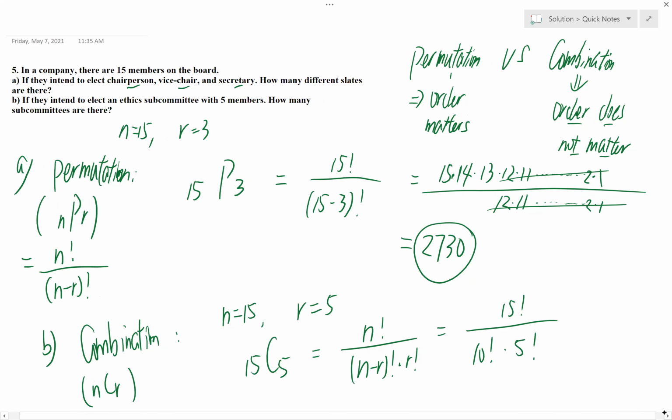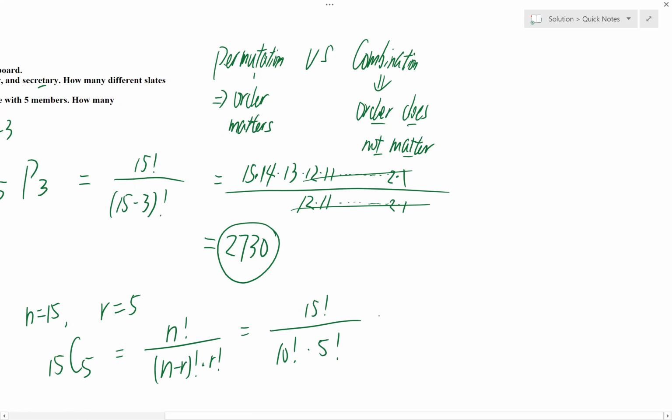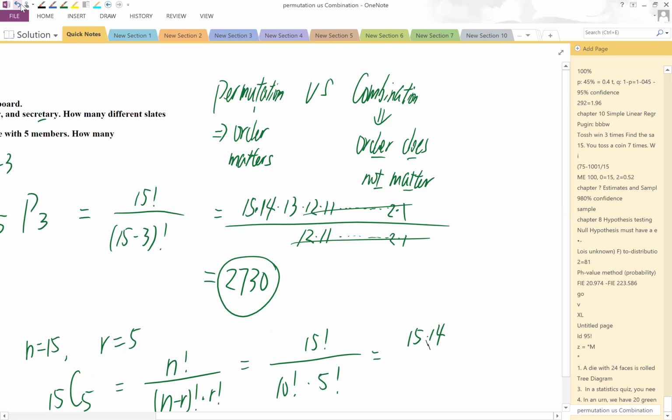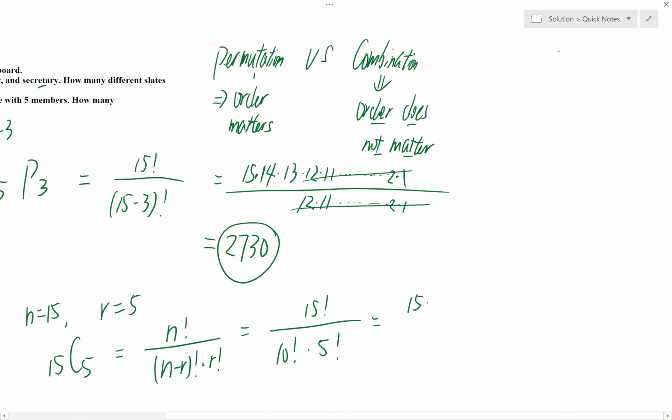And one more time, we can do it by hand, right? No problem. It's not too bad. 15 times 14 times 13. This time I'm going to list all the numbers. 14 times 13, 12, 11, 10, 9, 8, 7, 6, 5, 4, 3, 2, 1.